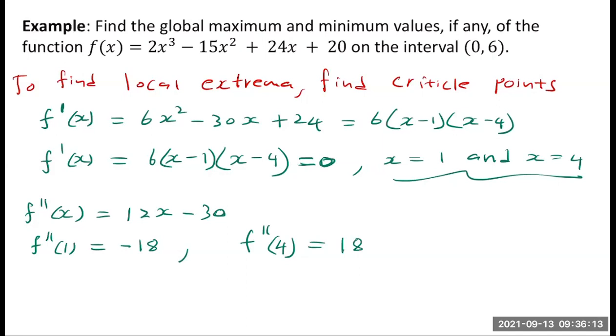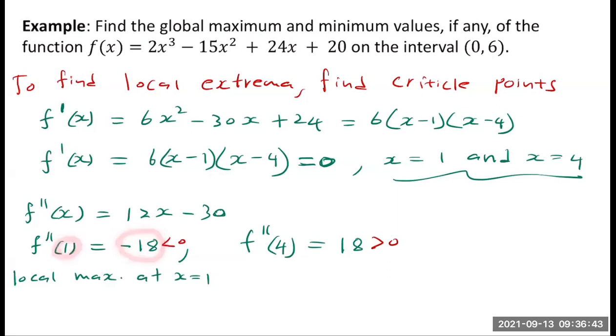So as you can see here, this is negative and this is positive. Now, what does the second derivative test tell you? It tells you that you have a local maximum at x is equal to 1 because f double prime is negative at x is equal to 1.